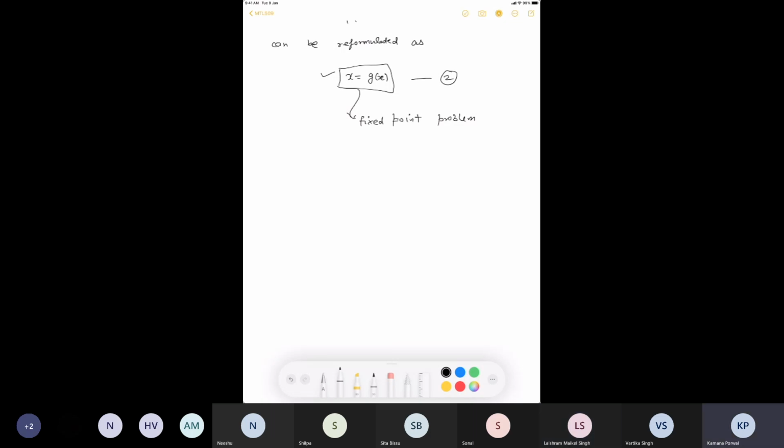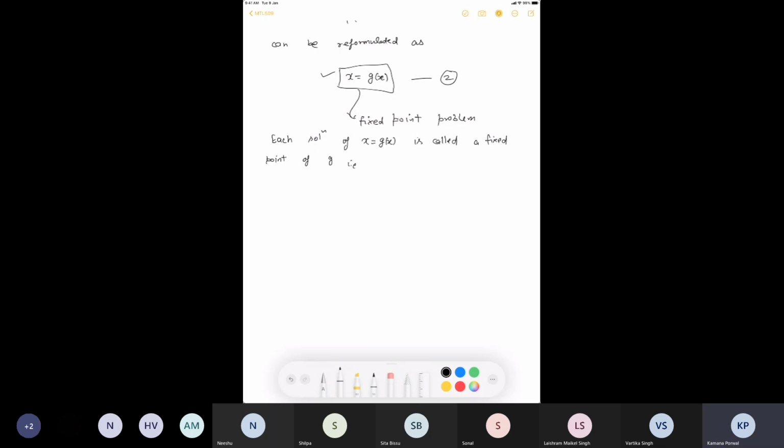Exactly. So basically, each solution of this equation x = g(x) is called a fixed point of g, right? That is what we are looking for.